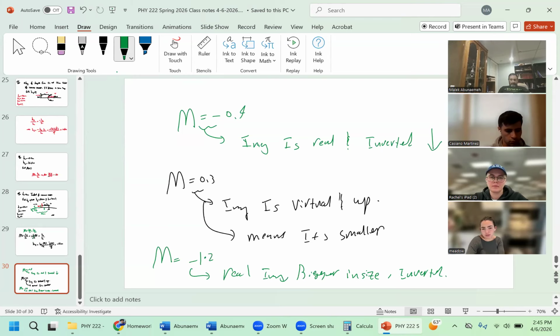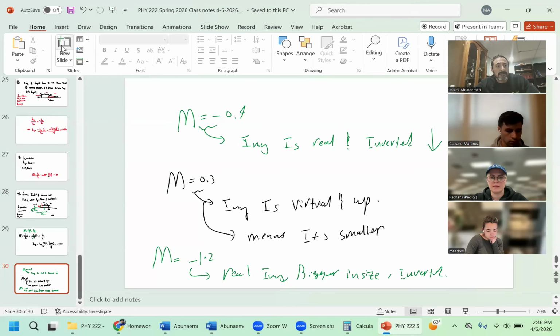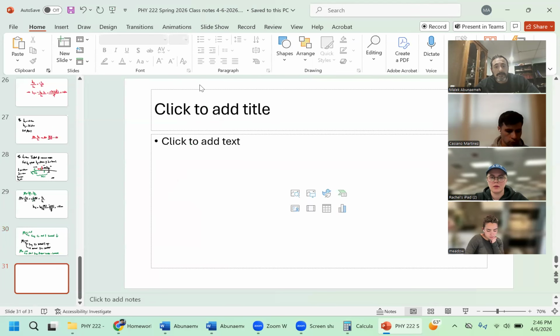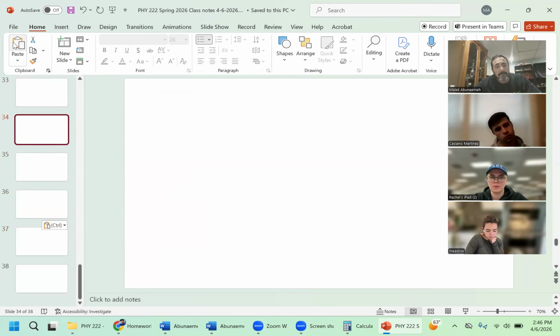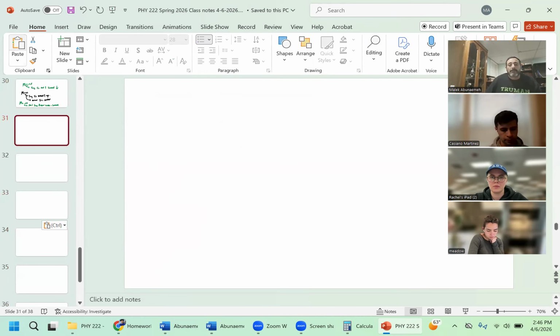Why is it bigger in size? Because it's a larger number. What did we say? We said that the height of the image equals M times HO.